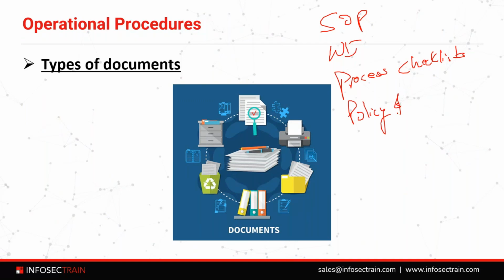Then policy and procedure documents. It defines rules, standards, and compliance requirements, and it is often tied to legal, regulatory, or organizational mandates. It provides a framework for decision making. Then we have process narratives.